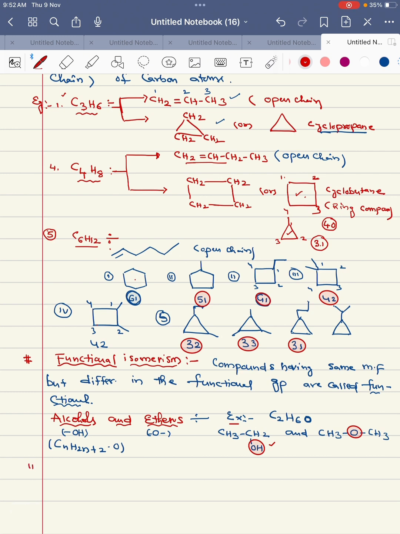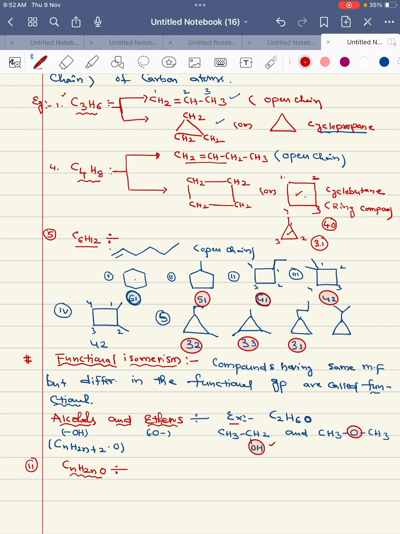The second example is aldehydes, with general formula CnH2nO.